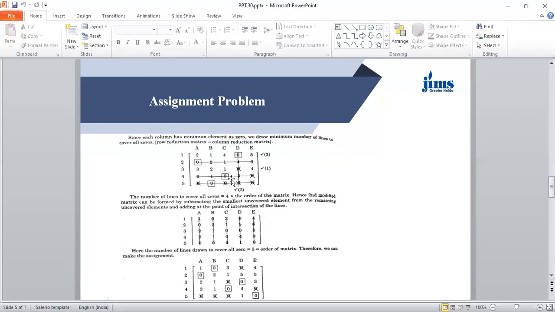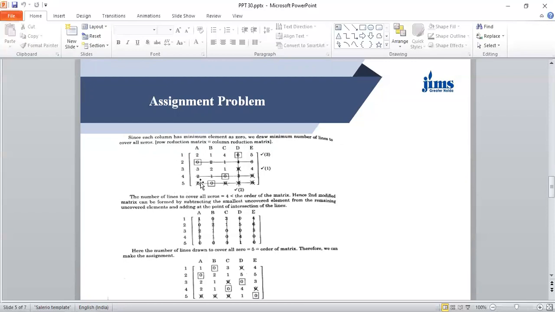Otherwise, some more steps are required to get a situation where the minimum number of lines to cover all zeros is equal to the order of the matrix. In this case, you see, the order of the matrix is 5 because there are 5 rows and 5 columns. It is a square matrix. The fifth row is also considered as good as any other row.